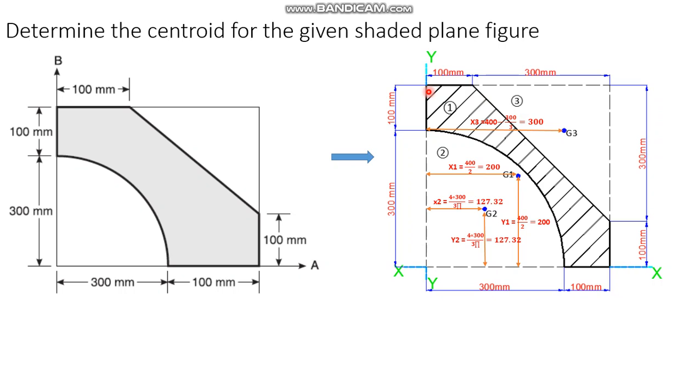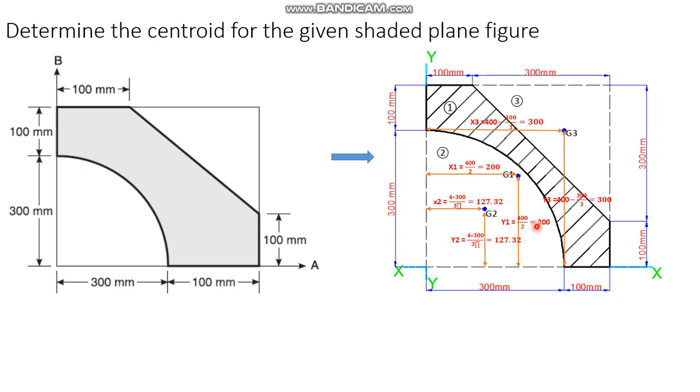You can calculate either from here to here and deduct this, or take 100 plus 2/3 of b. So this is x3, and y3 will be once again 400, this height, minus d by 3. d by 3 is 300 by 3, you'll have 100. So 400 minus 100 you'll get 300 mm.